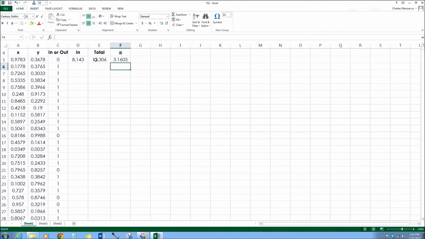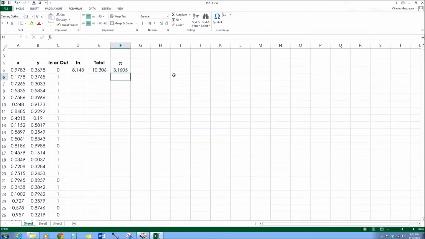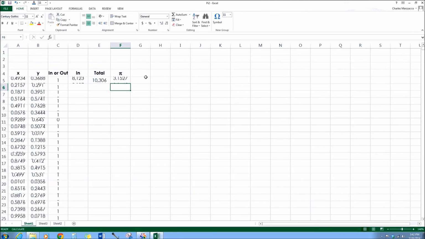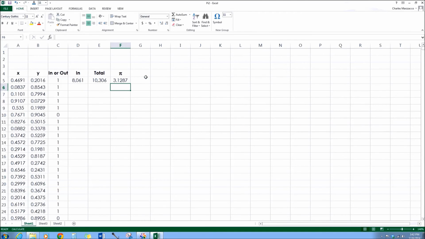And you can see we get a number pretty close to pi. Pi is 3.1415926. We can throw the darts again as many times as we want. So that's a Monte Carlo calculation for pi.